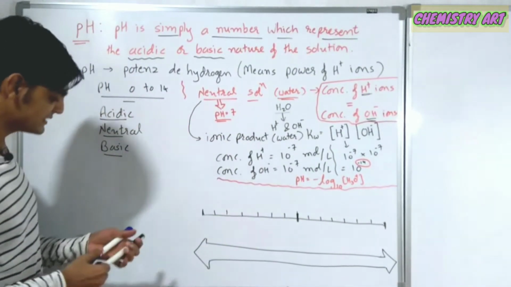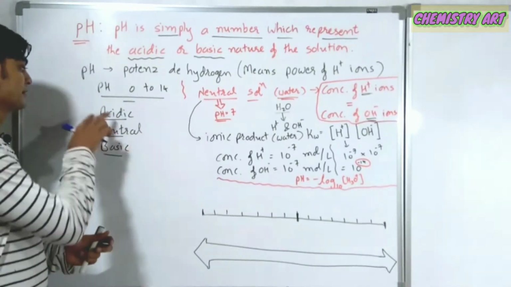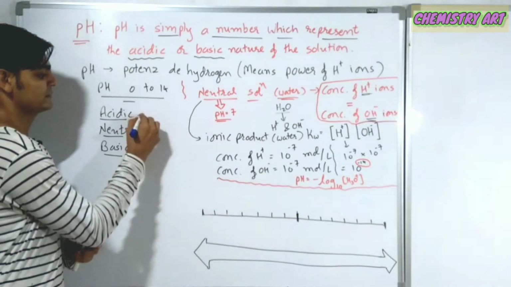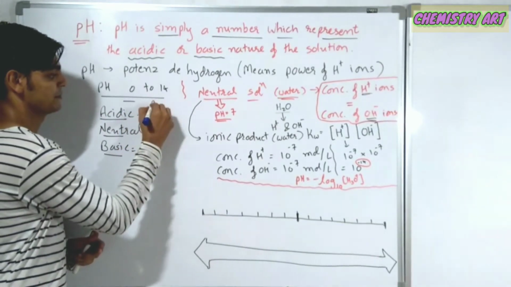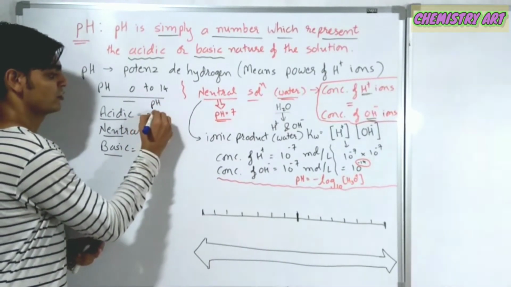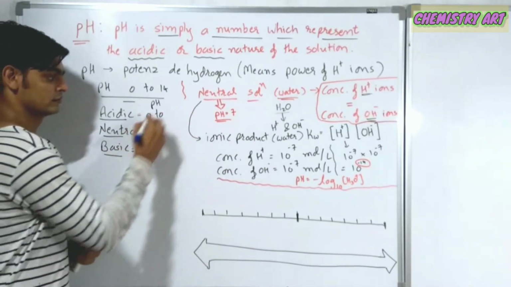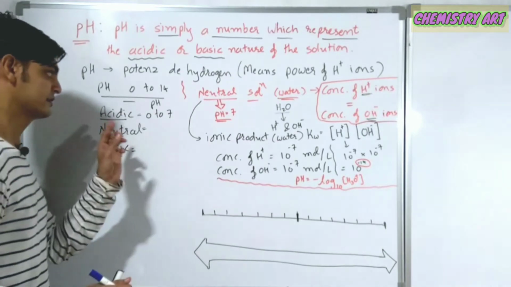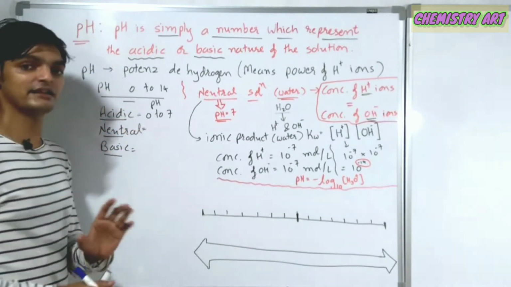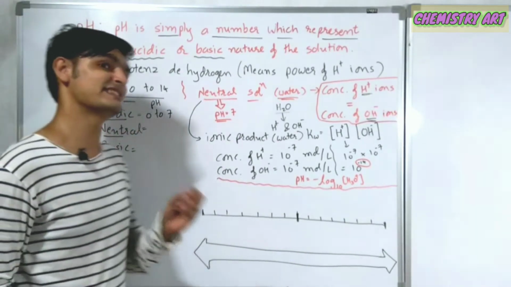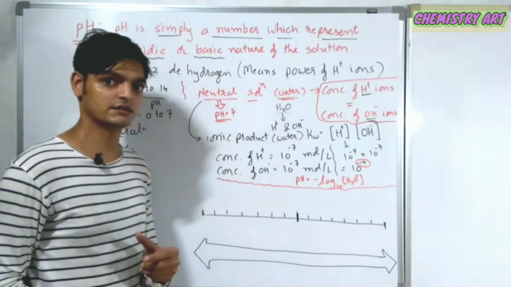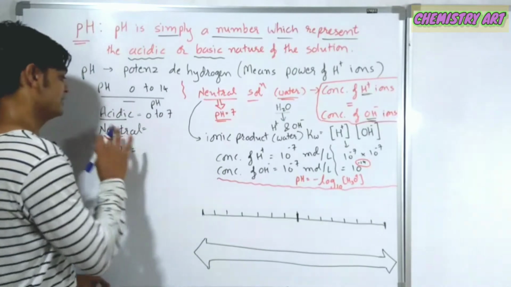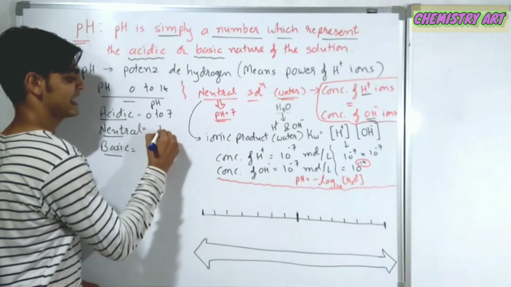Okay. So let's see, if we have an acidic solution, its pH is 0 to 7 generally we write, but 7 will be neutral. Why? Because if the pH is 6.9999, it is known as acidic. Then for a neutral solution, the pH will be 7 only.